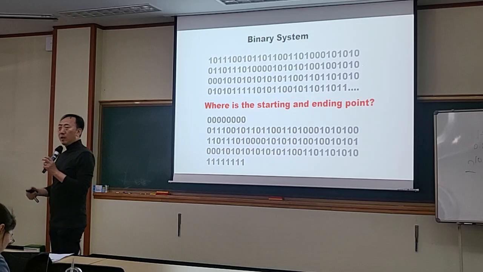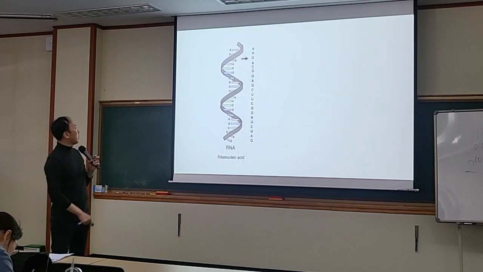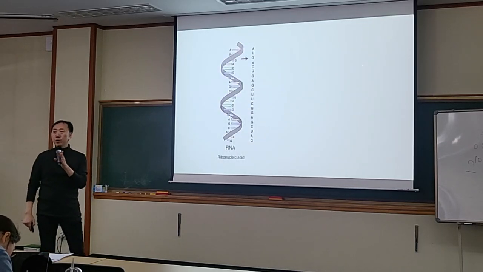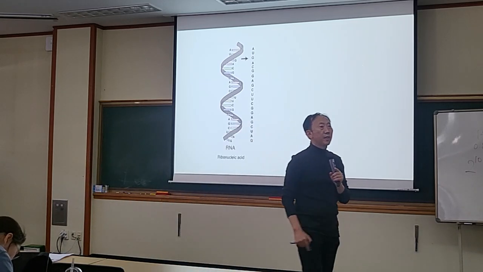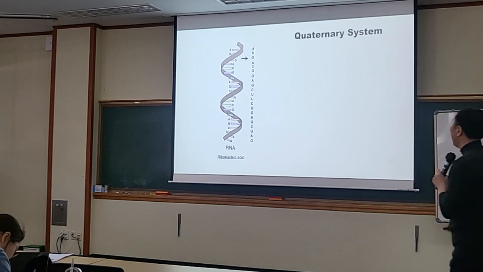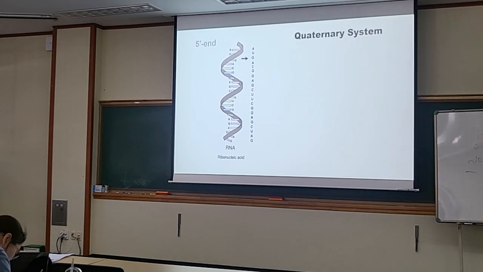Right? So comparing to this, let's come back to the DNA system. Now we have 4 units, 0, 1, 2, 3, a quaternary system, not a binary system. It has a direction, so that's why it's not a combination, it's a permutation. From the 5' end to the 3' end, this is the direction we usually read.